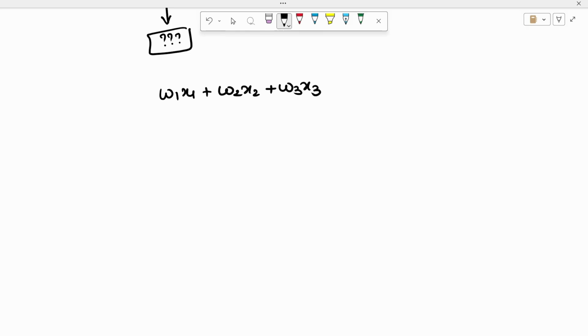You're gathering all the information of x1, x2, x3 and their corresponding weights, how important they are to the output, and you're adding it up. That gives you a score. Now, this raw score isn't always useful. You have to interpret that score, and the activation function is your interpretation rule.